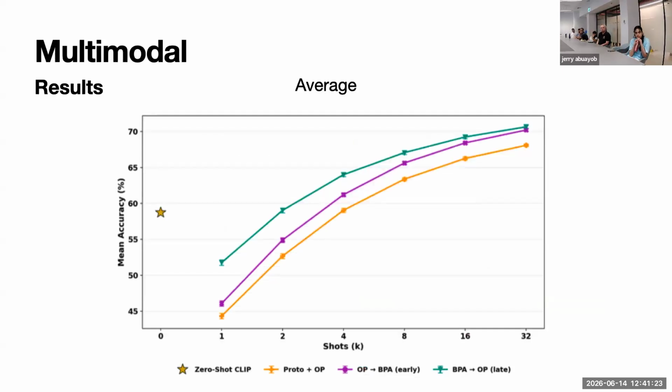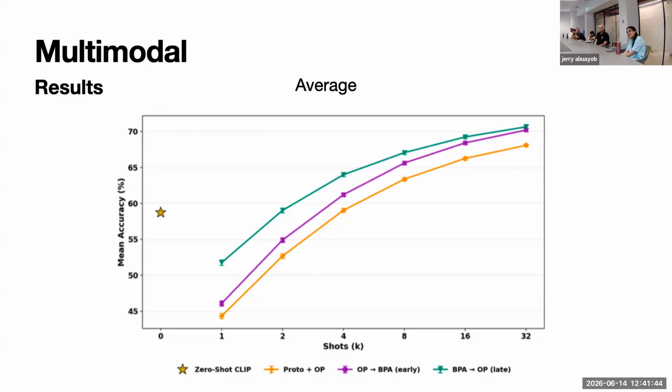Going to the multimodal results, these are basically with and without the OP. Zero shot is the mean zero shot across all data sets. And over here, this should answer Hagit's question.